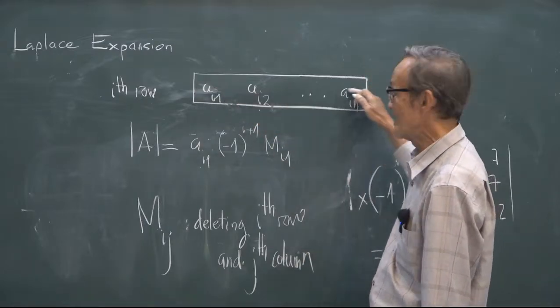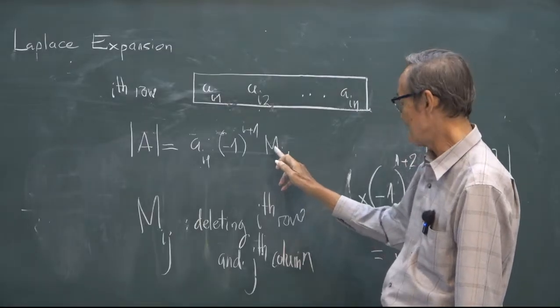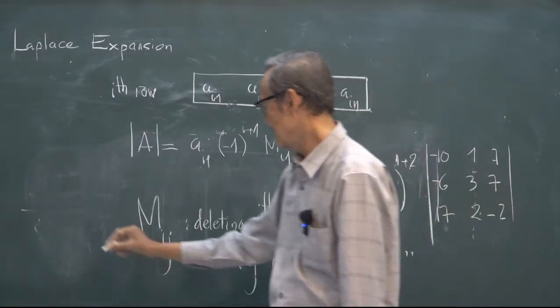Deleting the ith row and one column, we denote it M_i1, the minor.